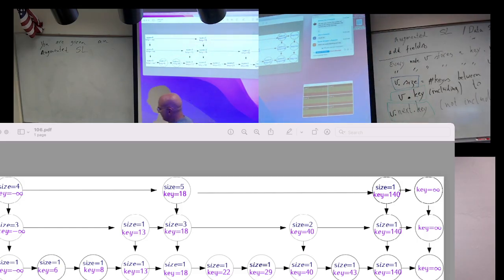Okay, so my question to you is, you are given an augmented skip list, augmented just in this way. I already built it for you. You don't need to worry about building it.